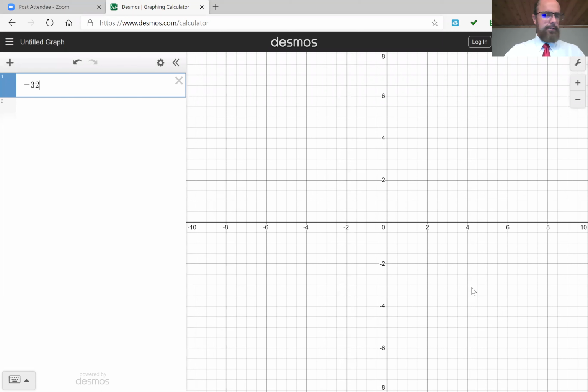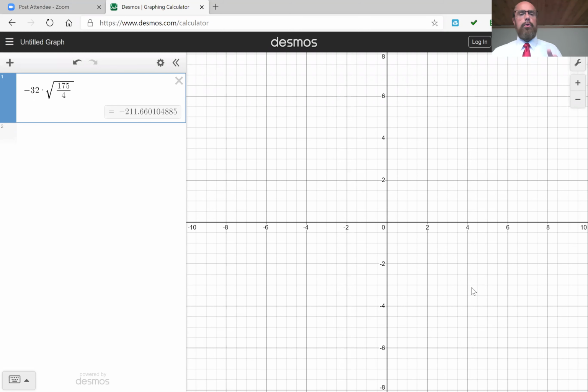Negative 32 times the square root of the fraction 700. Wait, let's reduce that. We had 175 over 4. And that burrito is moving. So that's negative 211.7 roughly. And I believe that's feet per second.